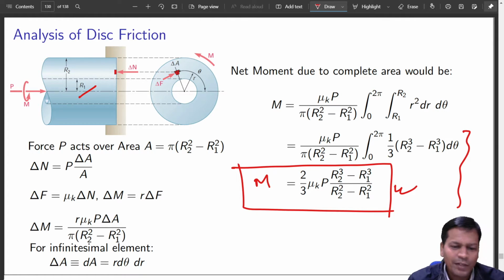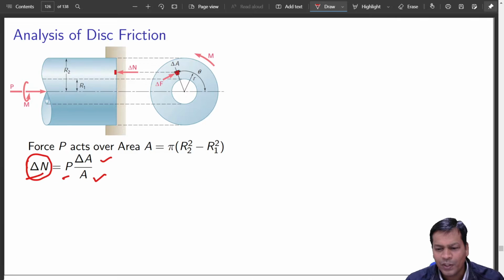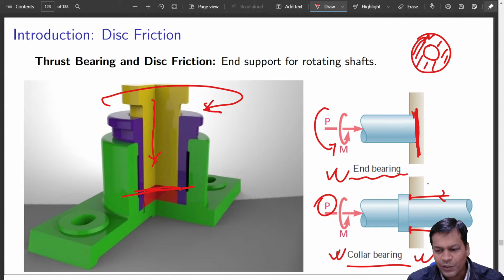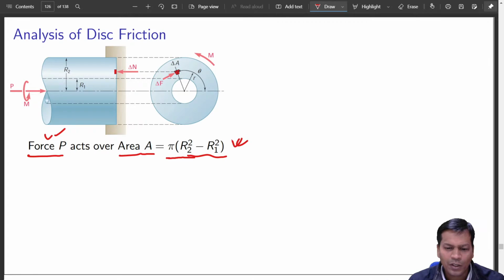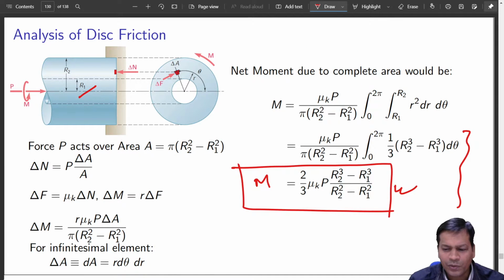In a collar bearing you have R1 and R2. If you remember your first picture, this is your collar bearing, with R2 and R1. In one case the inner one is equal to 0 and the outer one remains. So that is a special case of collar bearing. So you got this, and this equation holds true for both of them.